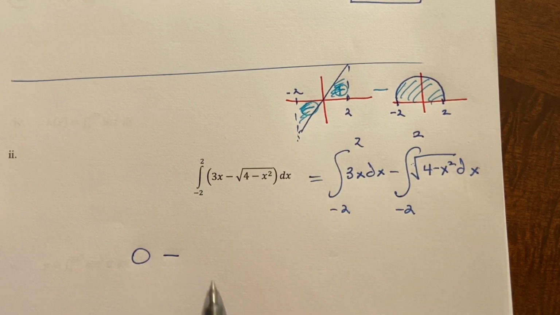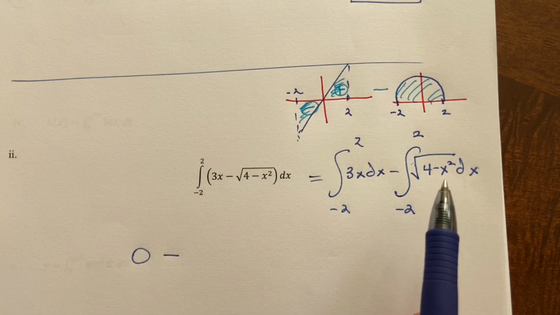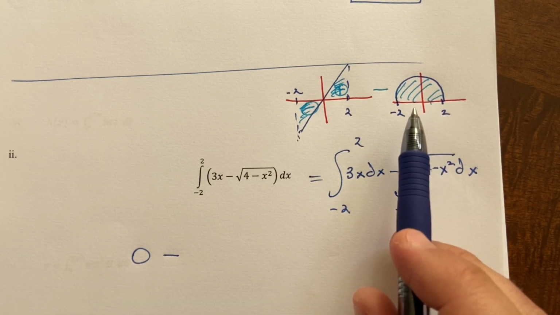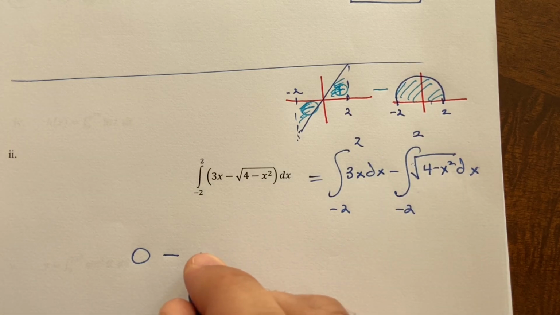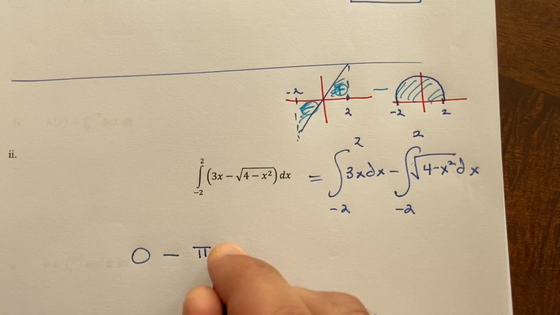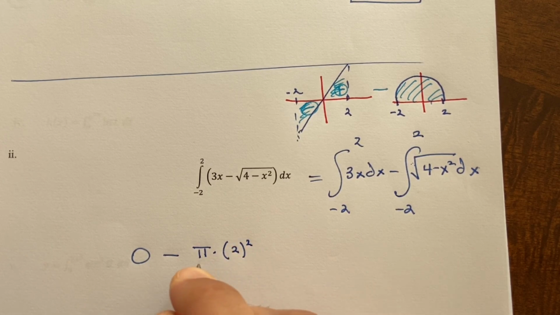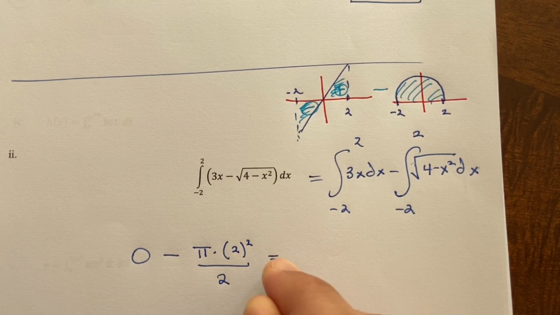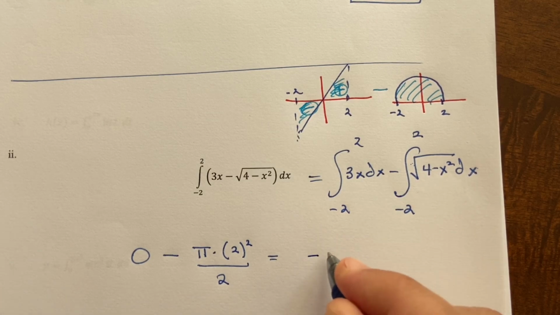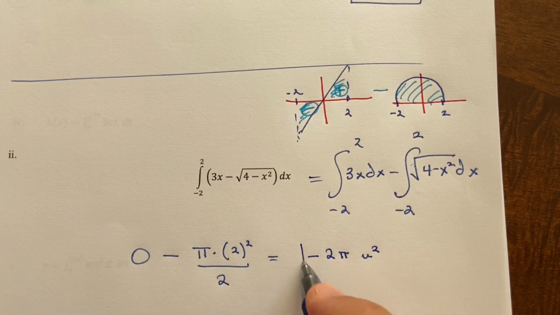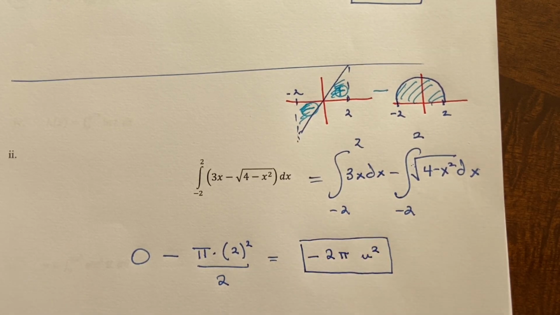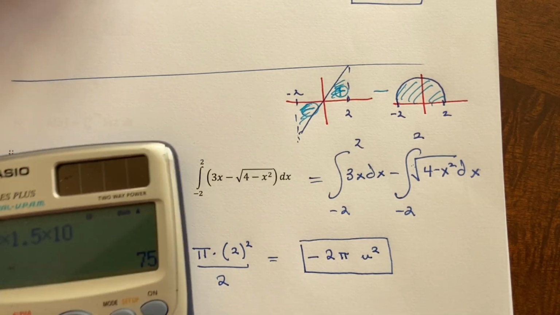So this is going to be 0 minus half a circle of radius 2. So we'd have pi times 2 squared, but then over 2, since it's just the upper half. So -2 pi square units would be the result of that integral, and you could check it.